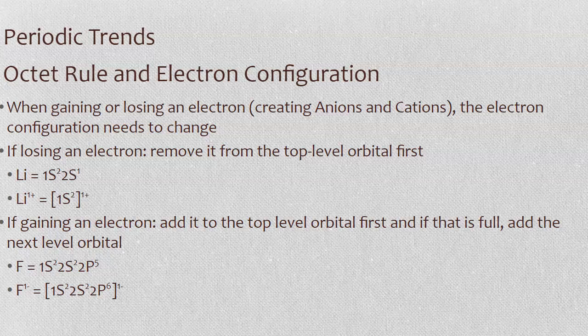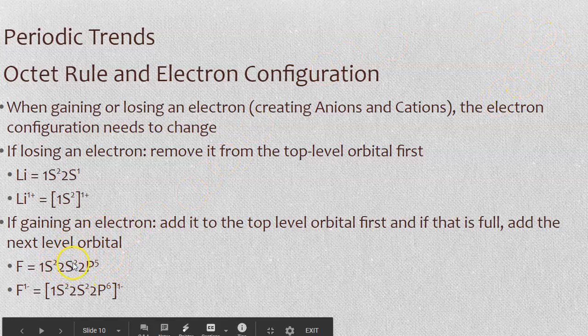Fluorine, if you look at fluorine down here, it's an anion. It's gaining an electron in order to look like a noble gas. The electron configuration for fluorine is 1s2, 2s2, 2p5. Looking at the same level of the periodic table, 2s2, 2p5, 2 plus 5 is 7.